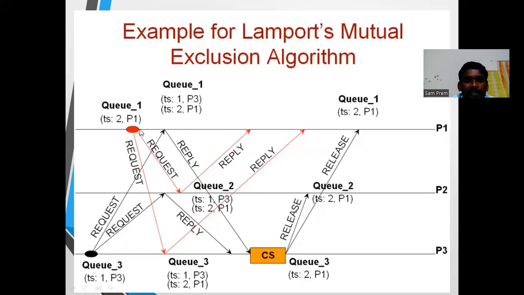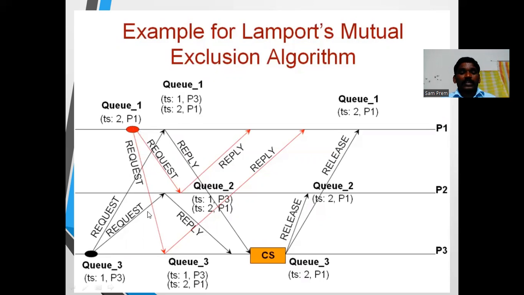After P3 sends its request, P1 also sends a request message to both P2 and P3, with timestamp (ts, t, P1). In the queue, at the top we have the P3 request, then P1.